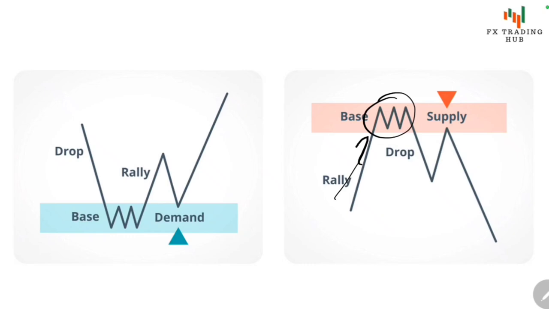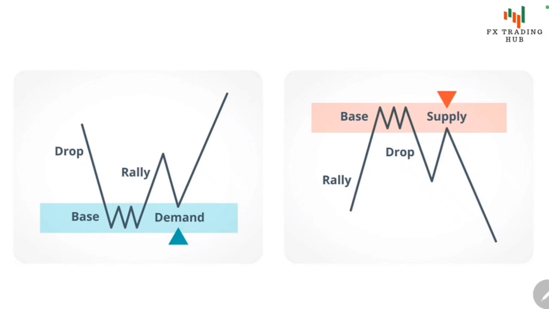A base is simply a consolidation of the market, and the market now dropped. This shows that the market is going to reverse when the market returns to the base. Here, this shows that the market is going to reverse on the buy side when the market returns to the base. So these are reversal based demand and supply zones.